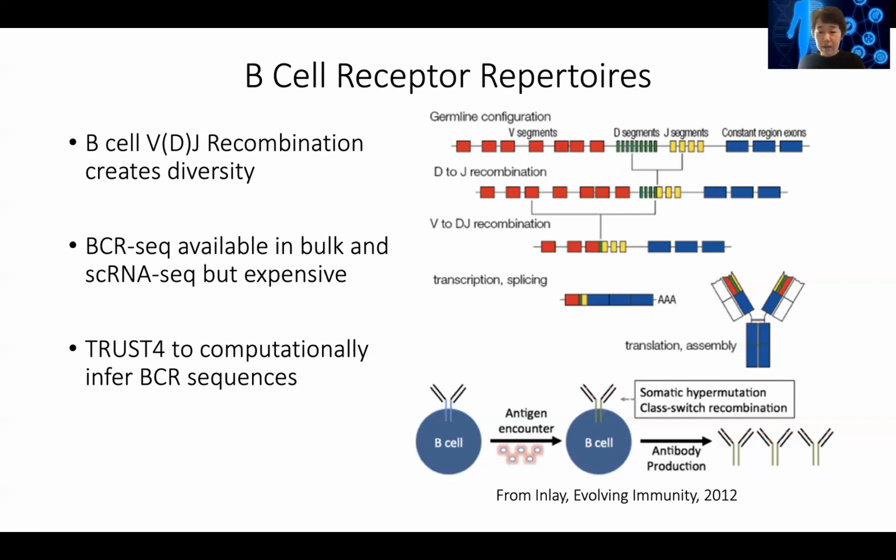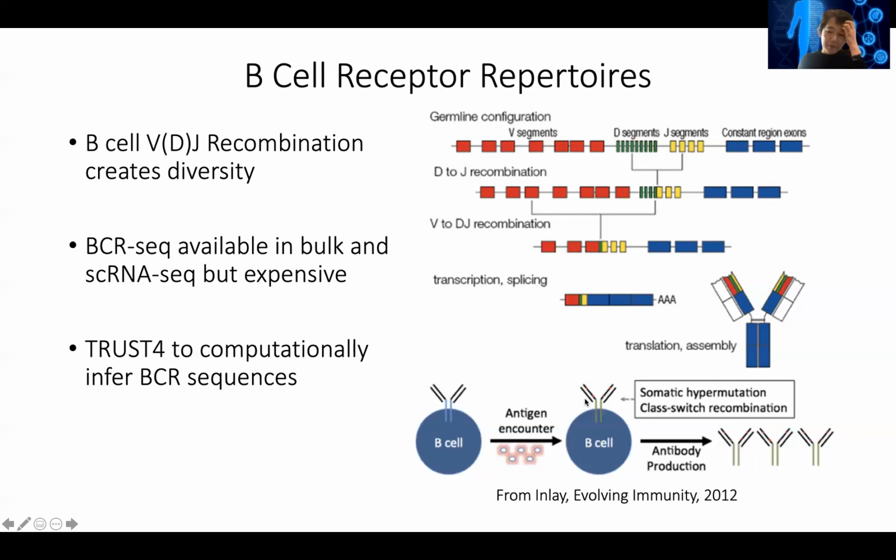In the process, a number of things will happen. The first is that the antibody sequence, during the clone expansion process, when the B cell makes copies of itself, will acquire additional small mutations in this VDJ sequence.